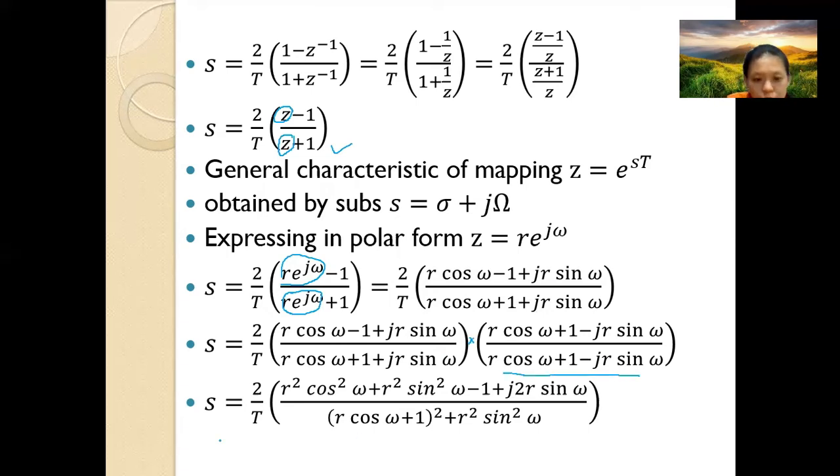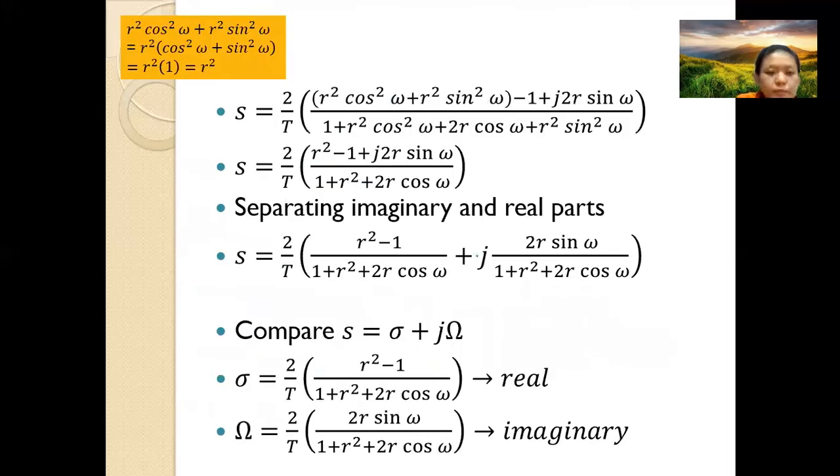After we multiply with our conjugate, we will get this equation: r square cos square omega plus r square sine square omega minus 1 plus j 2r sine omega, divided by (r cos omega plus 1) square plus r square sine square omega. Then after that, we will have r square cos square omega plus r square sine square omega minus 1 plus j 2r sine omega.